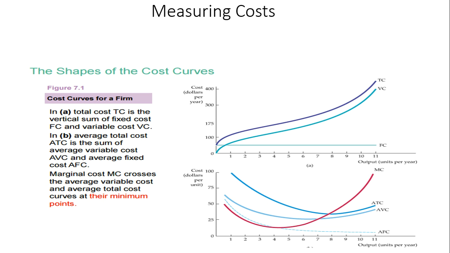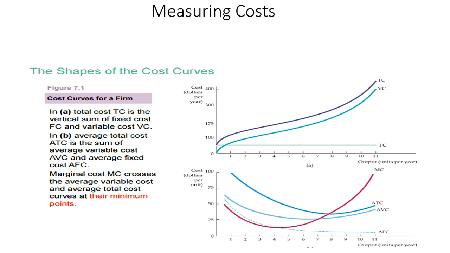So therefore, the variable cost curve is going to start from the origin, and then the fixed cost will just be a horizontal line, showing that even if output is changing, our fixed costs will not change. It will still be that fixed number.